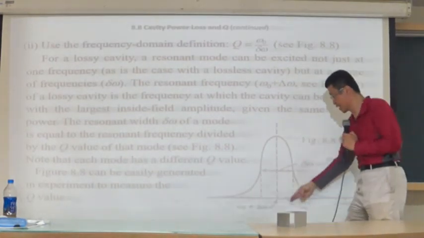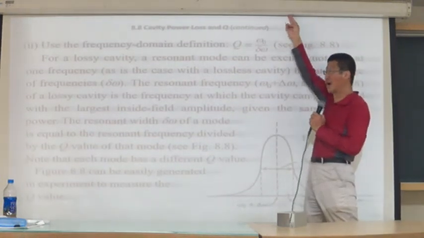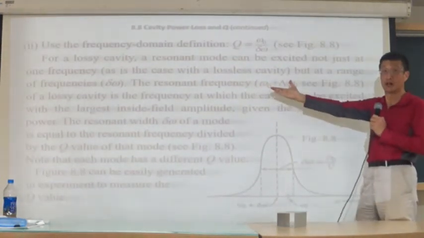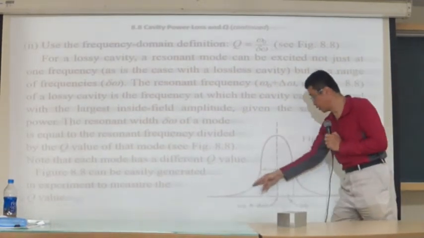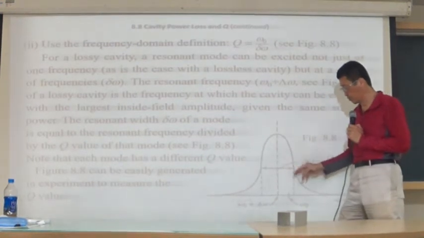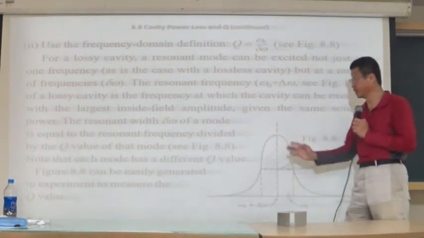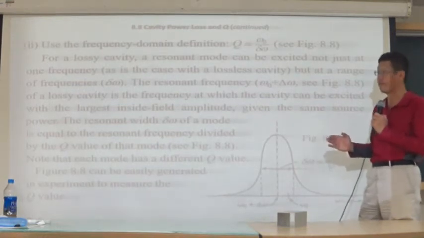The resonance condition will be very, very sharp. However, we have loss. Okay? So the resonance will broaden. That means you can excite this cavity from here, doesn't matter. You have a bandwidth.